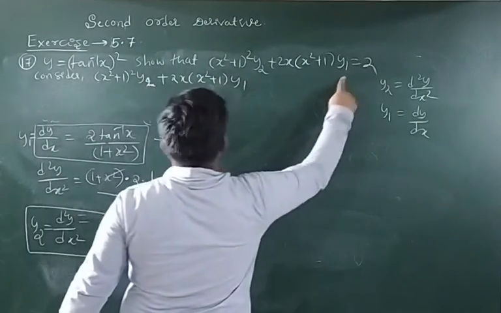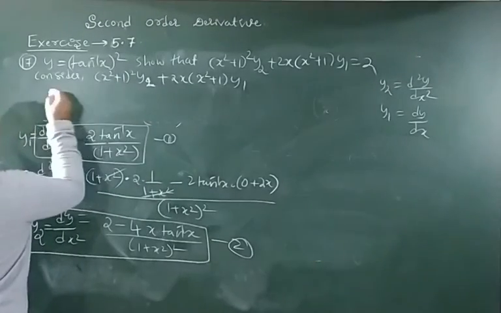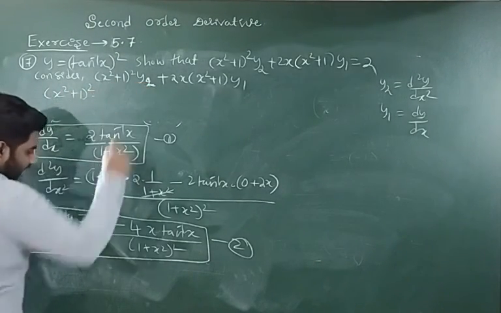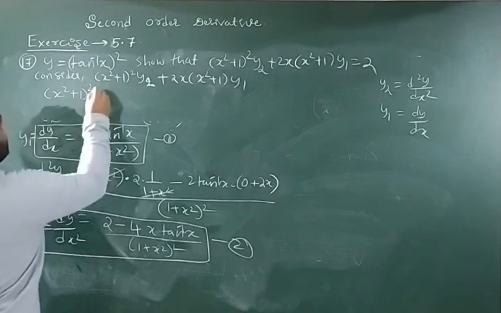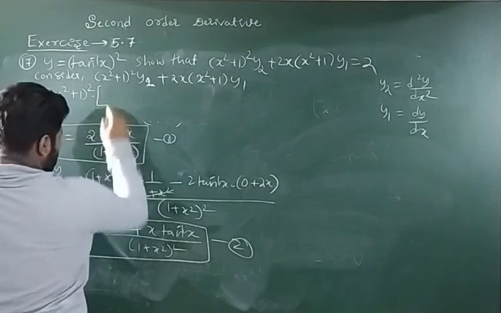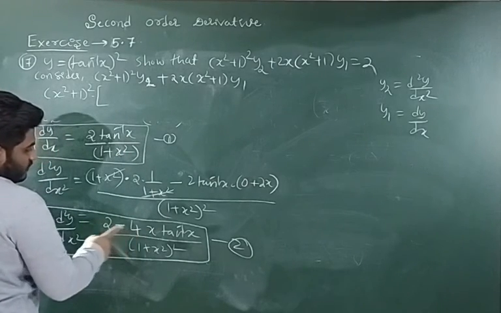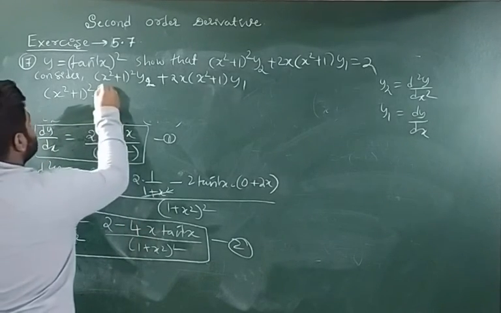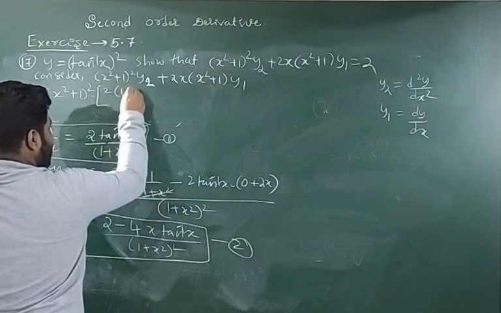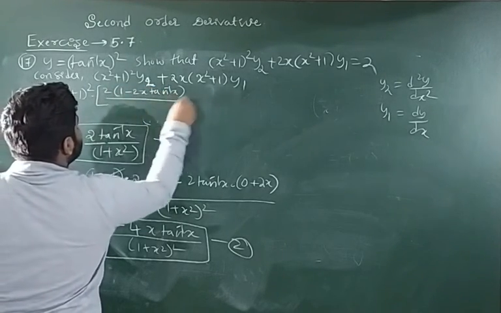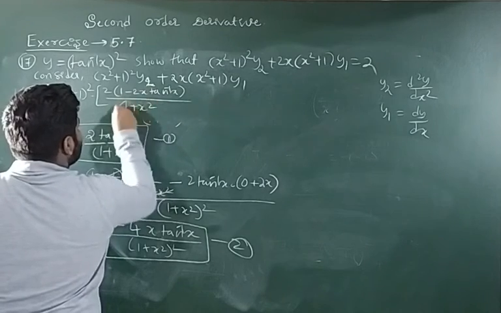So substitute the values. (x square plus 1) whole square as it is. What is y2? We got this one, the second order derivative. 2 is common, you can take 2 common outside and write everything. So 2 is common: (1 minus 2x tan inverse x) whole divided by (1 plus x square) whole square.